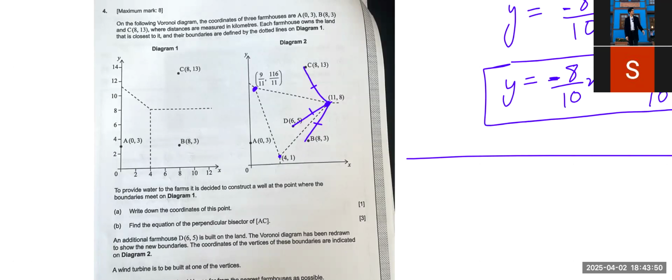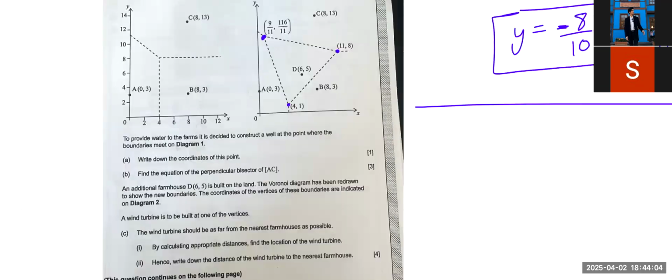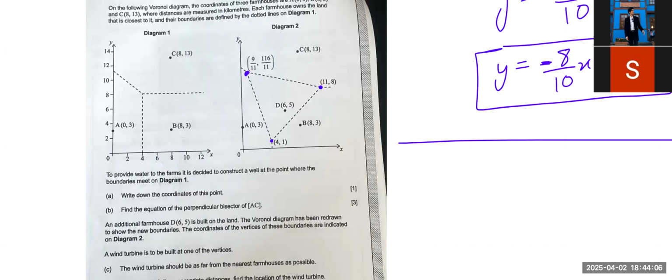And finally, if we build a wind turbine at this point, the nearest farmhouses would be A, D, and B, right? So these three would be the distances that are equidistant this time. So we are trying to build the wind turbine so that it is the farthest from its nearest farmhouses. For instance, if we build it in this case, you see how it's pretty close to the nearest farmhouses.